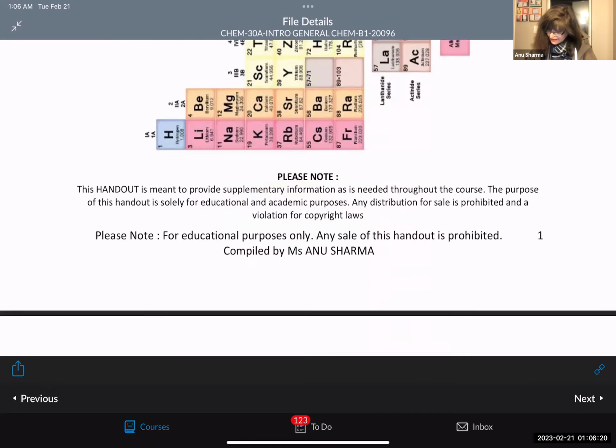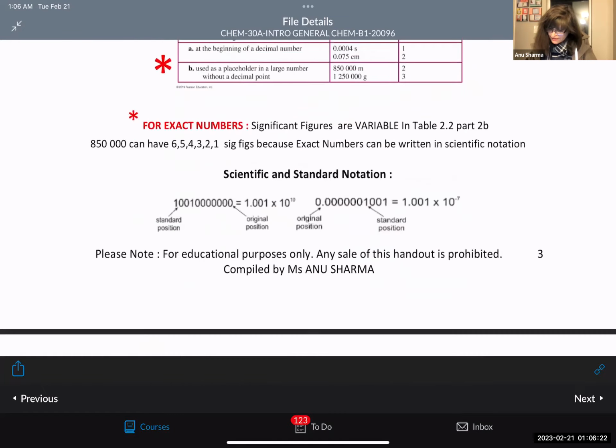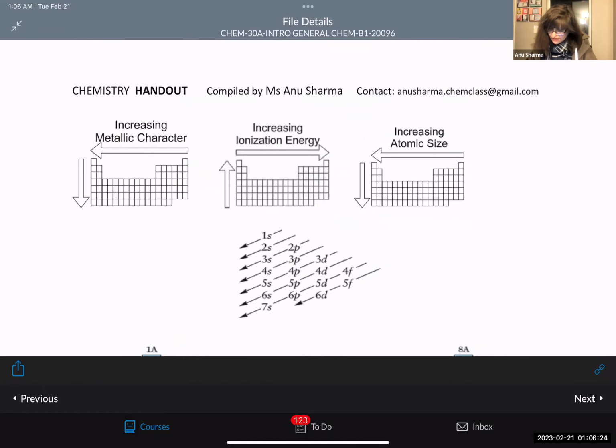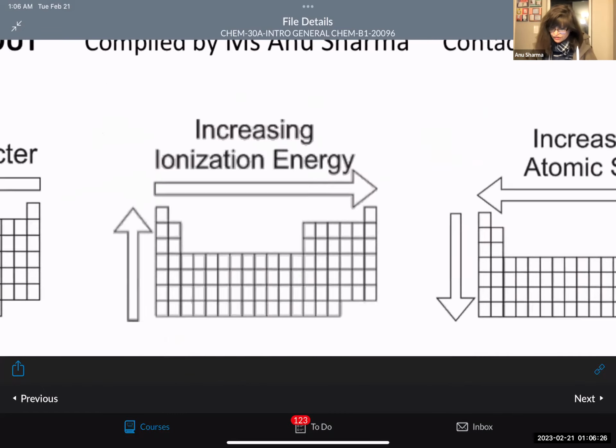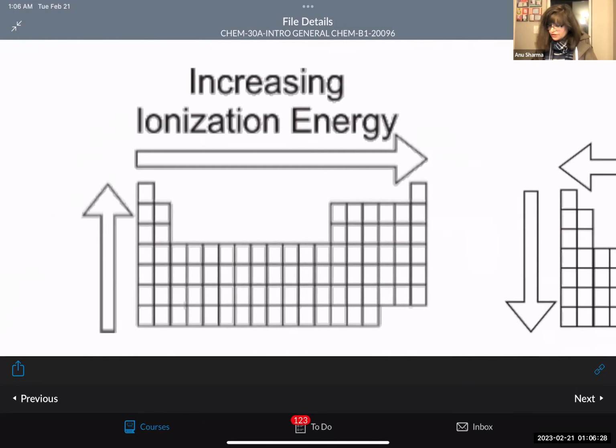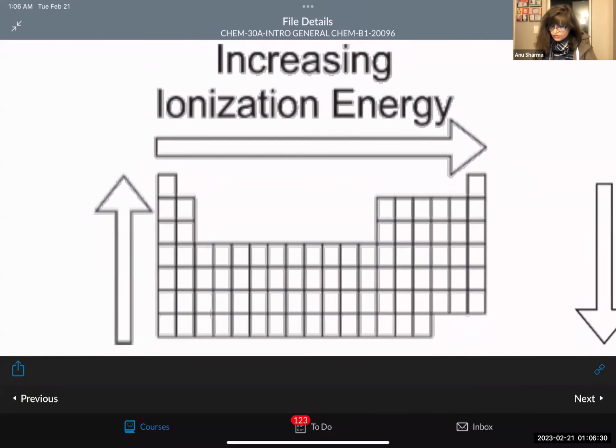And then the second thing is that there is a trend in the periodic table in your handout, the increasing ionization energy. Increasing ionization energy refers to electronegativity also. Electronegativity increases when you move in the periodic table from left to right. But when you move from top down, the electronegativity goes down, it decreases.